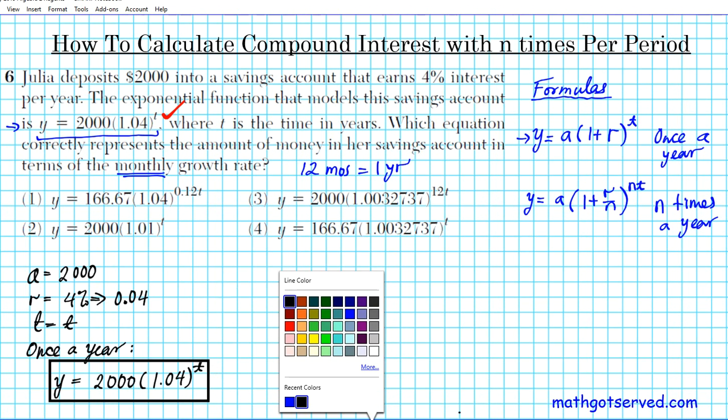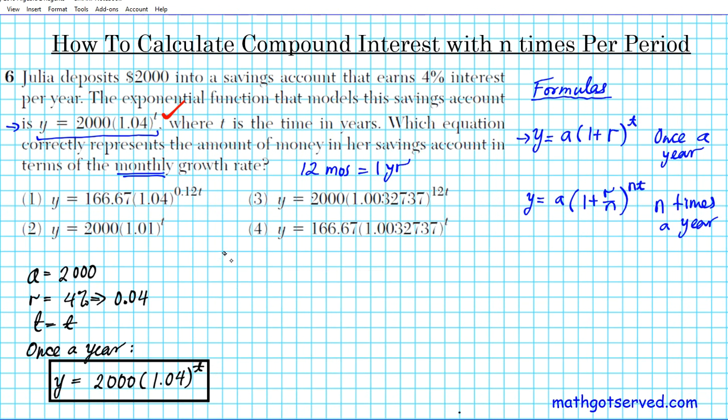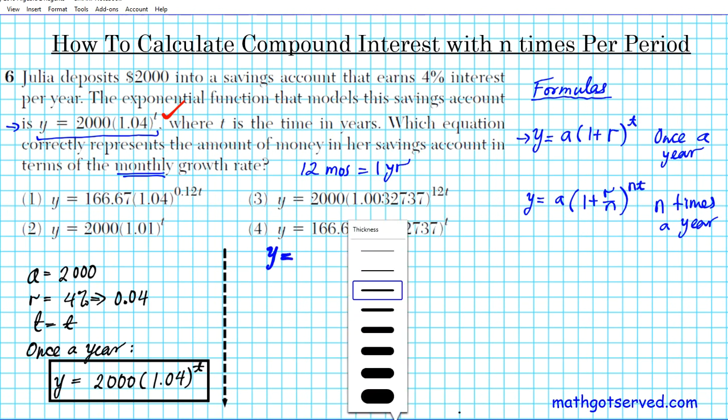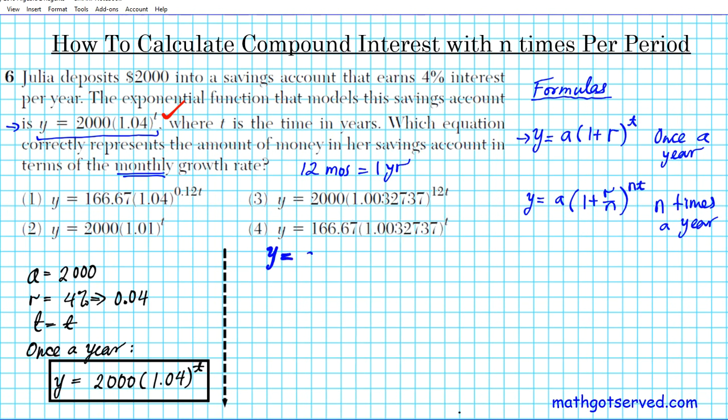Now let's look at the setup for monthly, and that will be the answer to this question. For monthly, we're going to use a different formula. We're going to use y equals a times 1 plus r over n raised to the nt. For annually, once a year, we had y equals a times 1 plus r to the t.